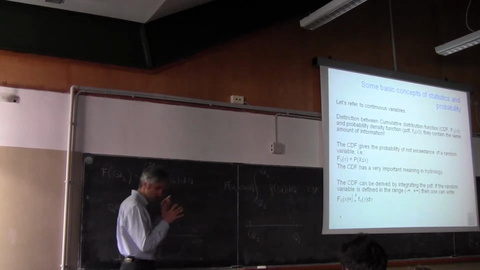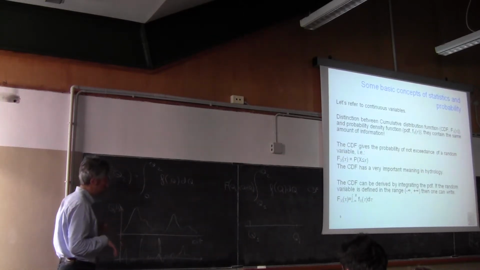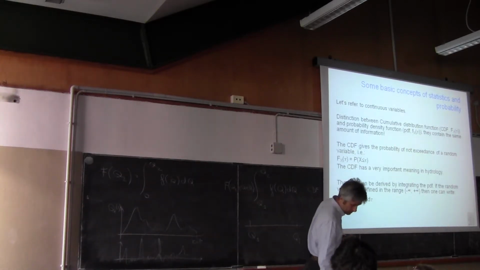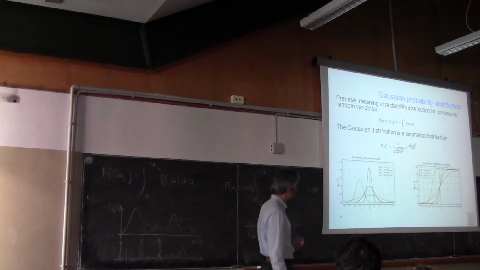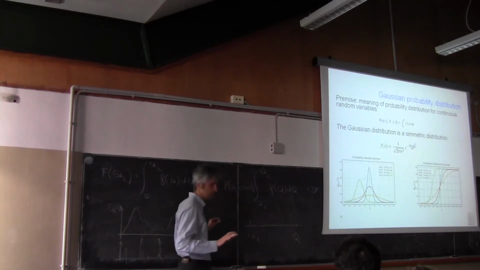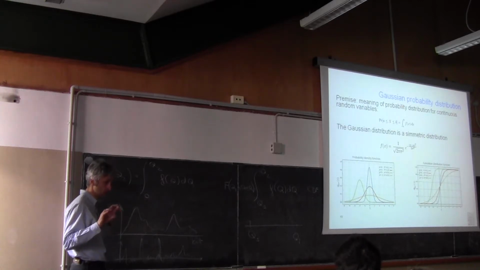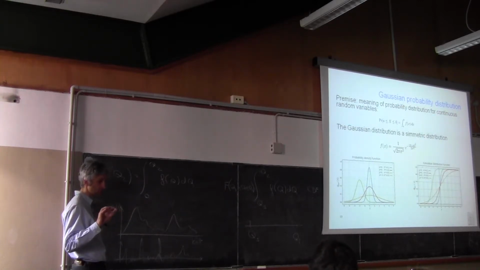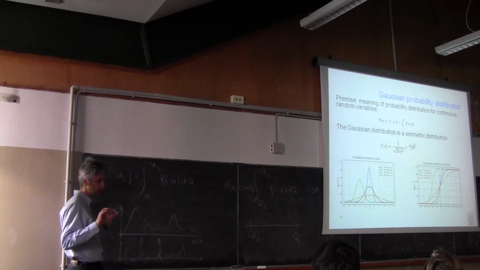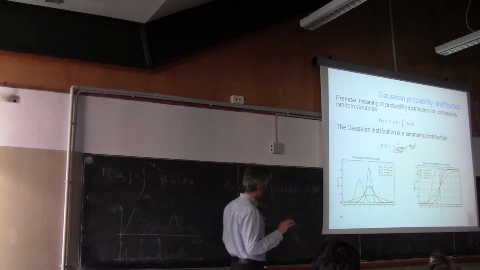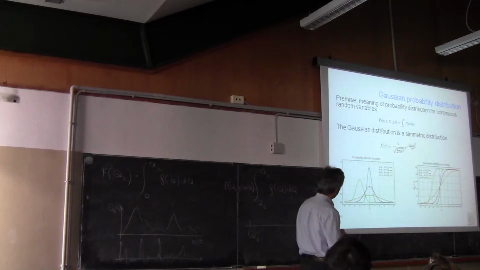So let's focus on the possible solutions. And the first solution, I move to the next slide, is given by a distribution. The most famous distribution is the Gaussian distribution, or normal distribution. They are used as synonyms. So the Gaussian distribution can also be called the normal distribution.